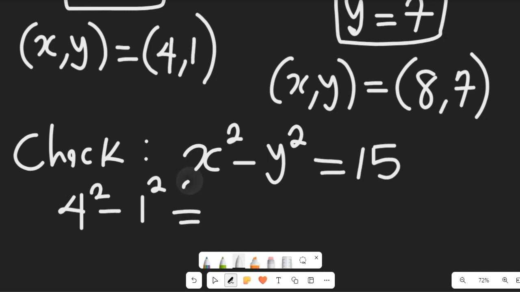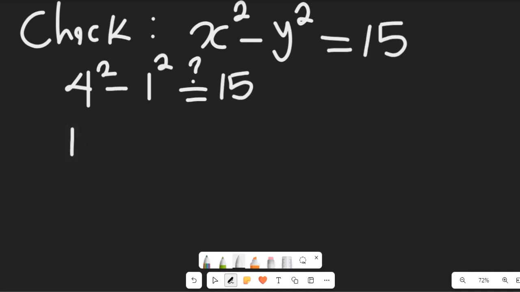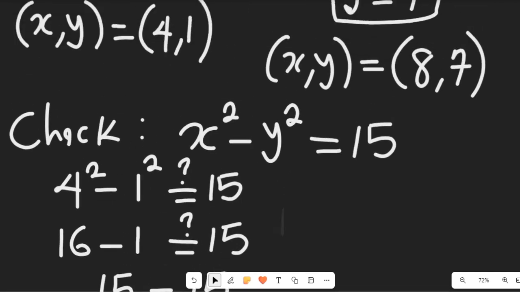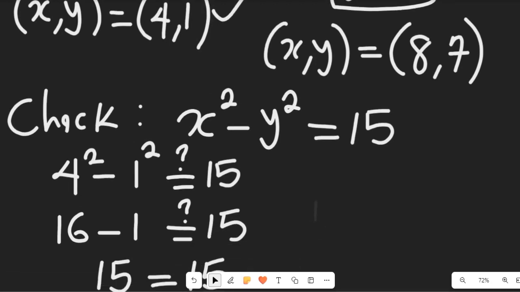Will it be able to give us 15? Let's find out. 4 squared is going to give us 16, and 16 minus 1 squared, which is 1. Will it give us 15? Sure, it will. 16 minus 1 is 15, and this will be equal to 15. So that means the first solution is absolutely right.